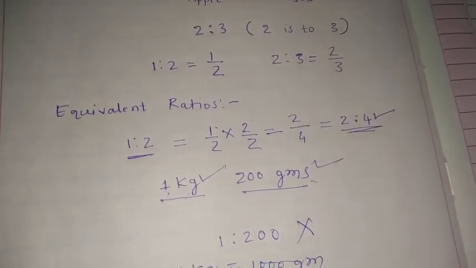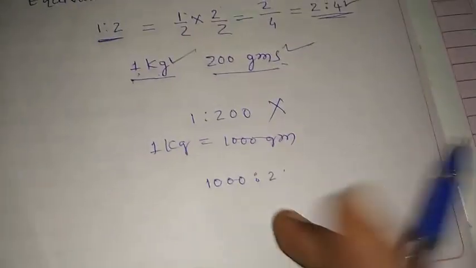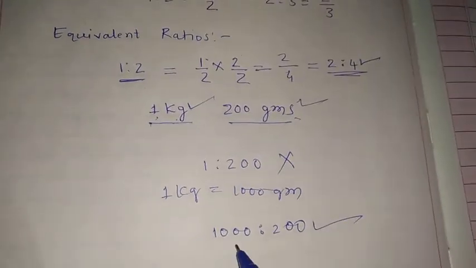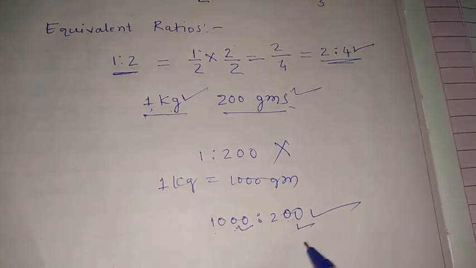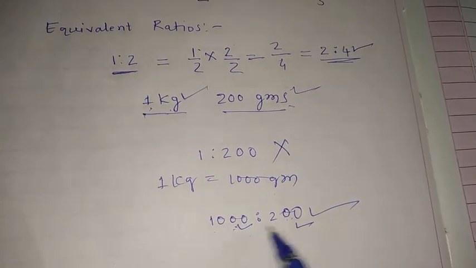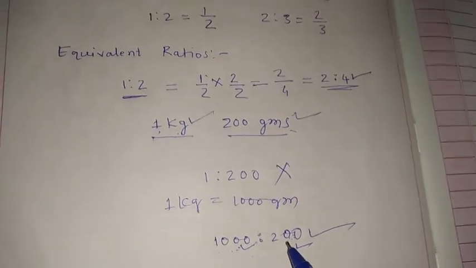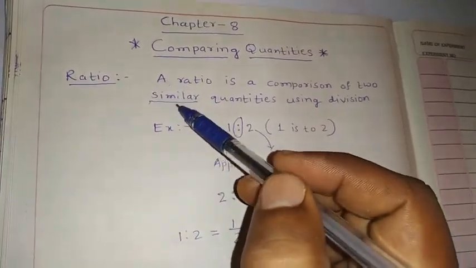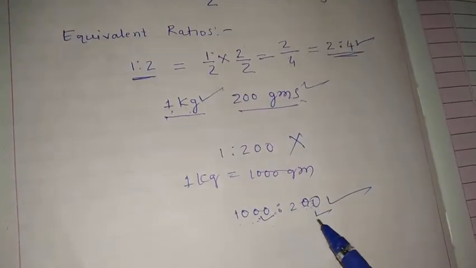So again we have to write this one, 1000 is to 200. Now it is okay, because both the units are the same, 1000 grams and 200 grams. So this is why I used the word similar in the definition. So this is the clarification for that word.